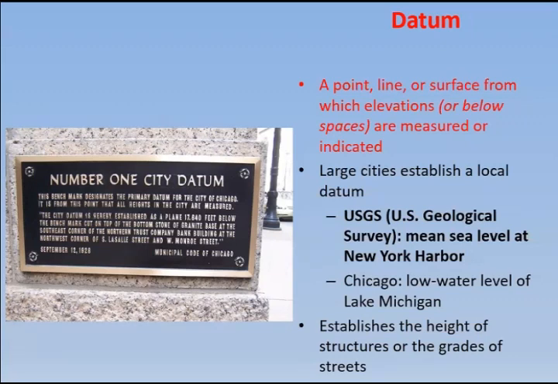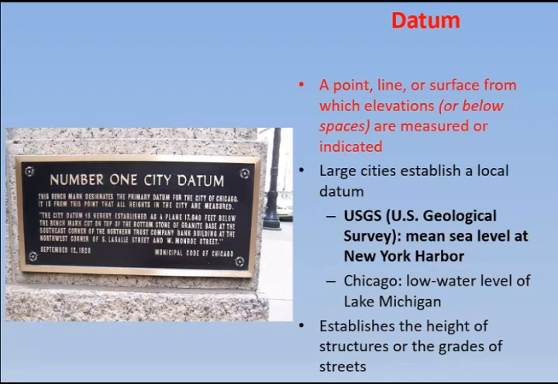A surveyor would use datum in determining the height of a structure or establishing the grade of a street. In practice, all large cities have established a local official datum used in place of the USGS datum. For instance, the official datum for Chicago is known as Chicago City Datum. It is a horizontal plane and corresponds to the low water level of Lake Michigan in 1847.